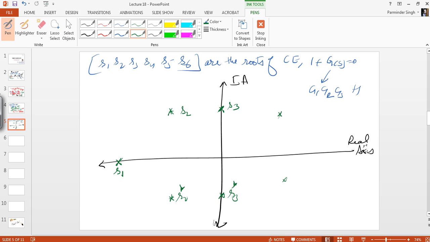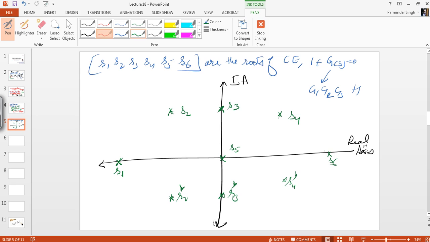Next root S4, and let's say this is S4 star. Let's say the fifth root is somewhere here, S5, and then we have the sixth root, S6. Clear? So we have simply located the roots in the S plane.